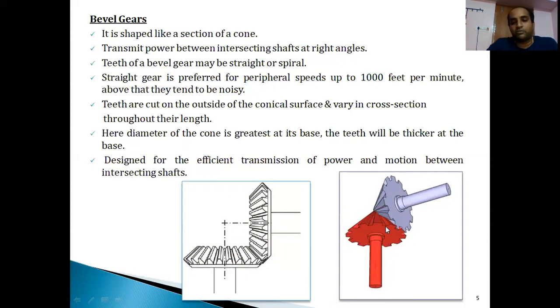A good example of this is a drill bit or drill chuck at your home. The gear used to fix the spindle is nothing but a bevel gear. If you have a drill chuck at home, you can see that to fix the spindle you need a chuck key.